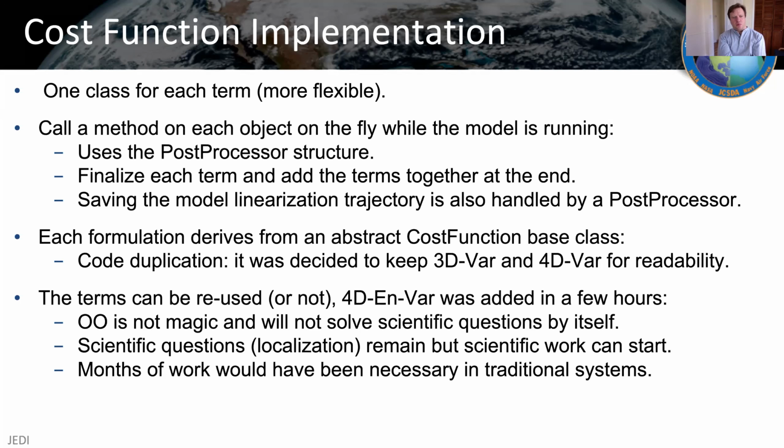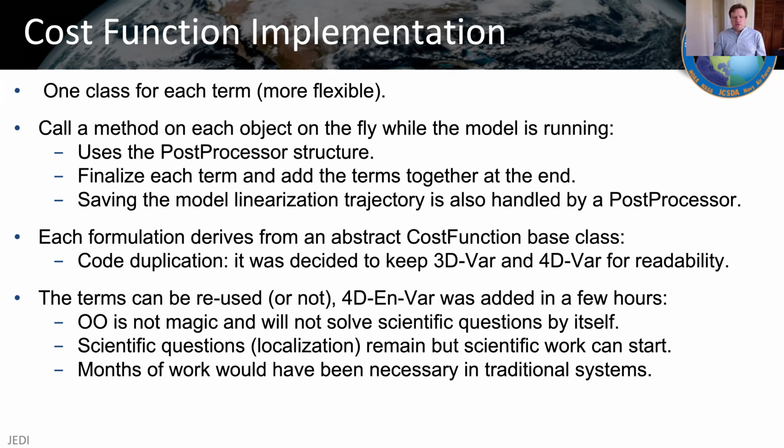A few more details about the cost function. There is a base class for the cost function, which is abstract, and then there are subclasses. There is one for 3D var, one for 4D var. There's one also for the weak constraint 4D var. There's one for 4D ensemble var.